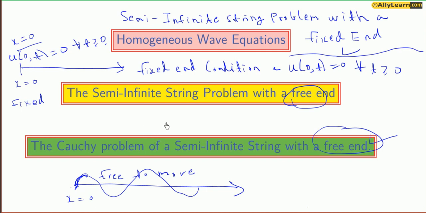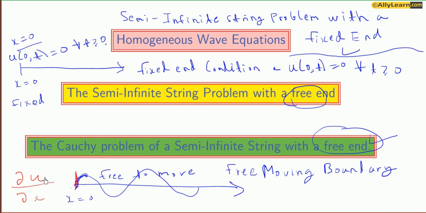Now this free end condition is also termed as the free moving boundary condition. What happens in this free moving boundary condition is that the boundaries are free to move. So in this case, this boundary x equal to 0 is free to move. And the mathematical expression for the free moving boundary condition is that del u over del x equals 0 at x equals 0.